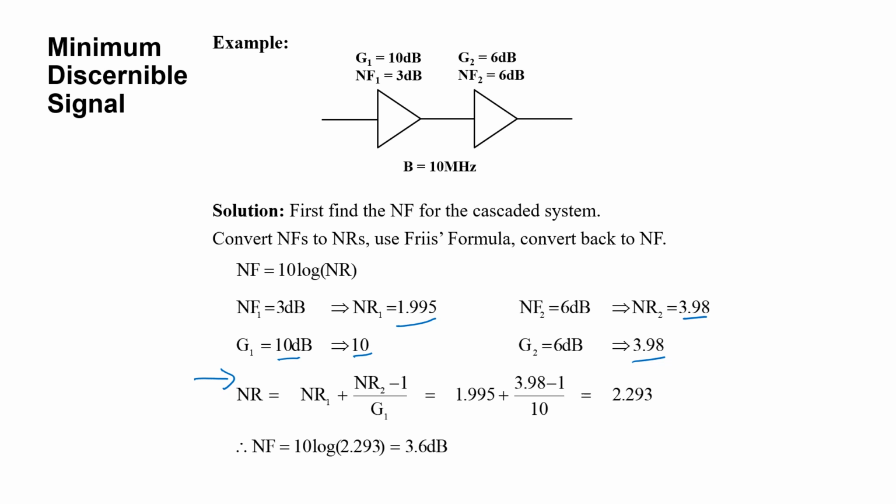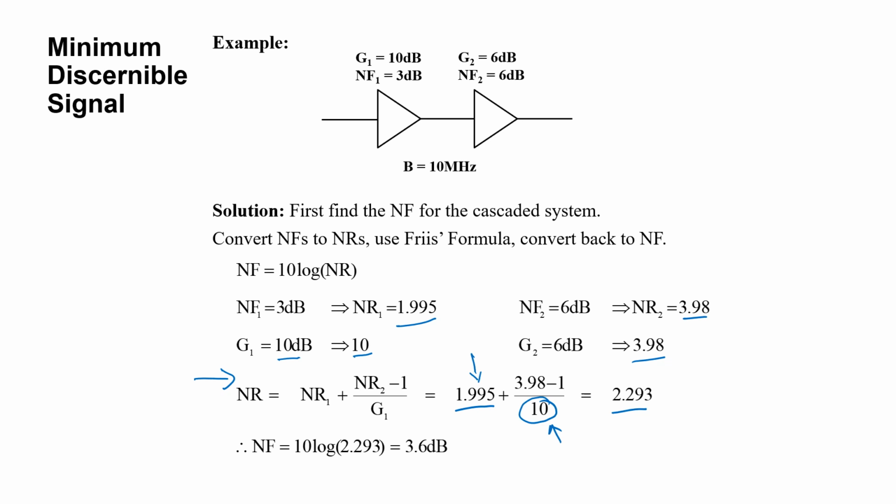So the noise ratio of 1.995 is added to the second term to get an overall noise ratio of 2.29. Again you can see that the majority of the noise added into the system is by the first amplifier, not by the second, because the second amplifier has this term 10 beneath it.